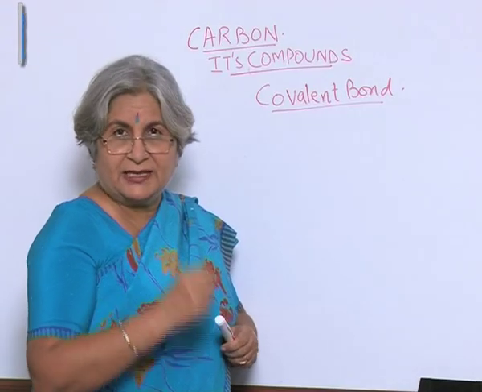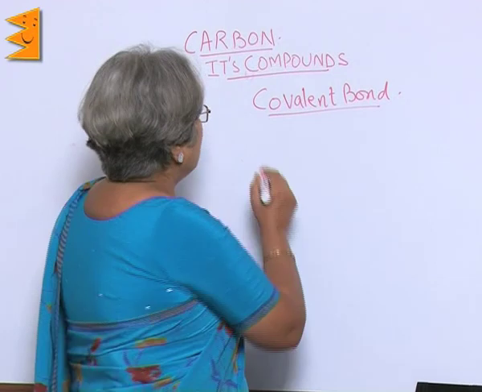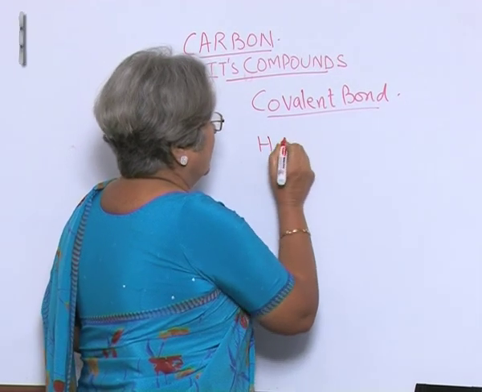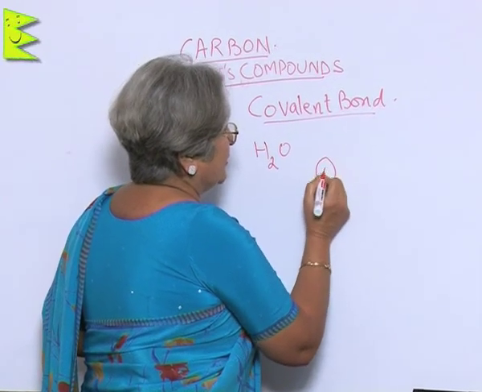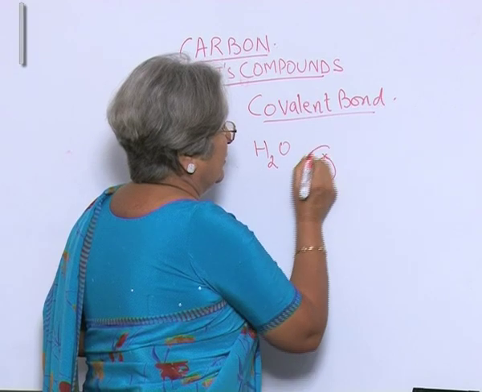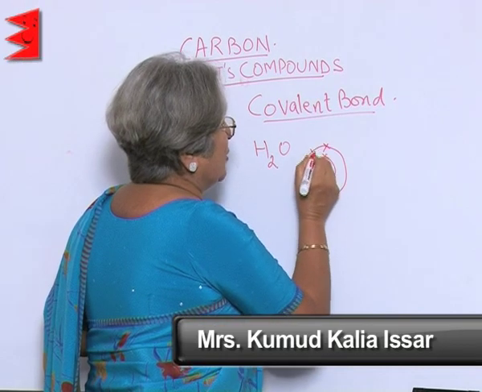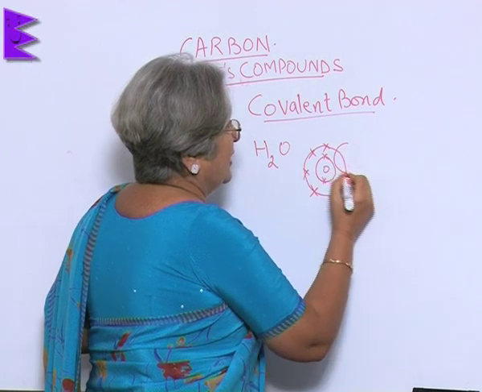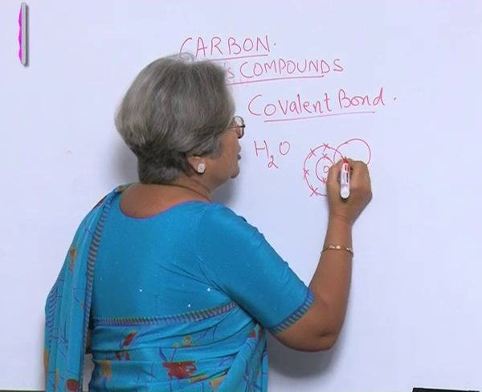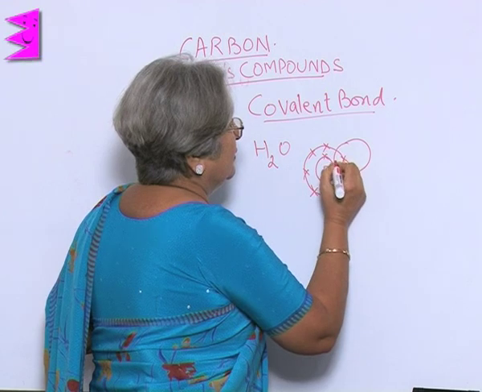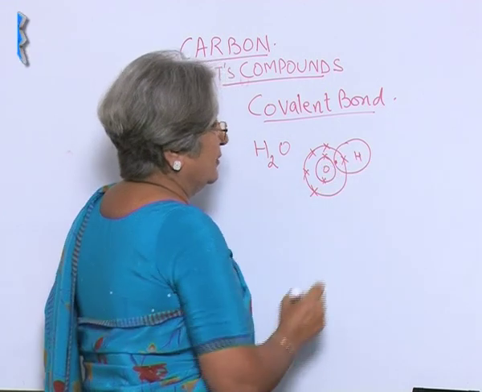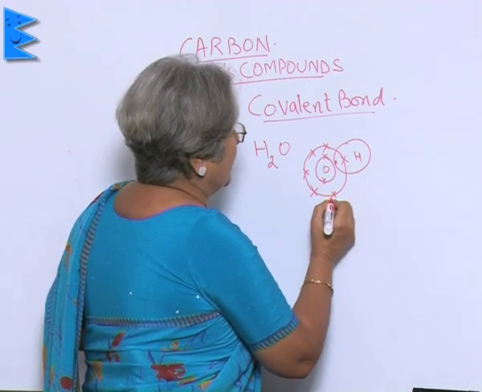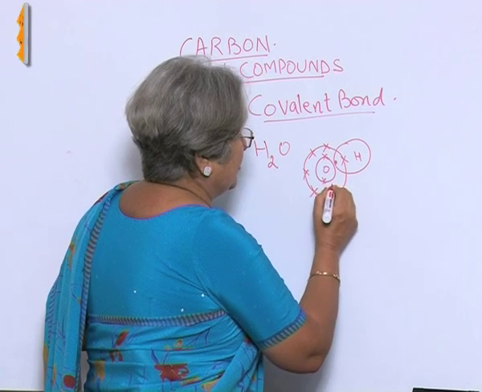Now, let us take the case of water. In case of water, there is oxygen having 6 electrons, and then 1 electron is shared with 1 hydrogen and the second one is shared with the second hydrogen.